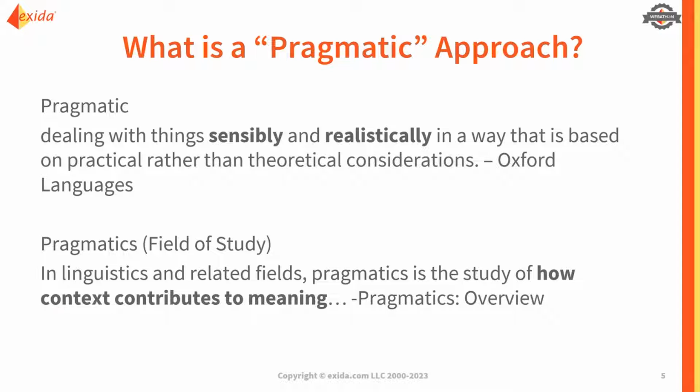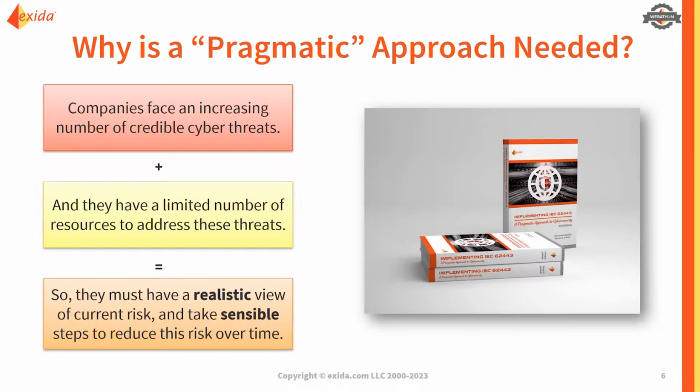And so if we look at why a pragmatic approach is needed, there's a couple of core facts that lead into building this view of the industrial control system space. So the first is industrial companies are facing an increasing number of credible cybersecurity threats.